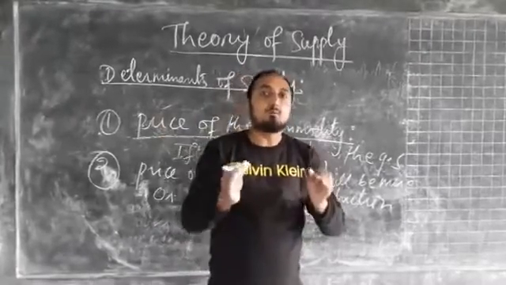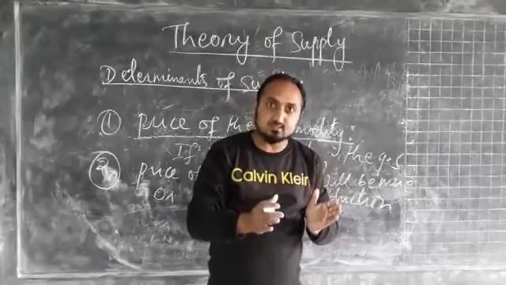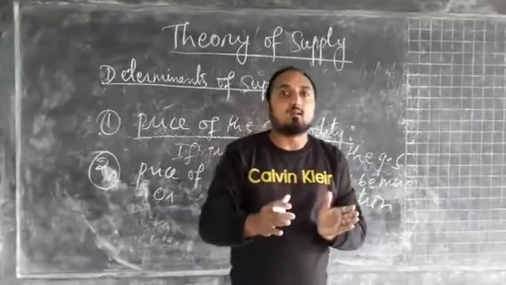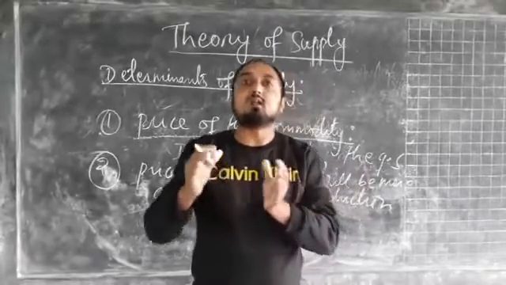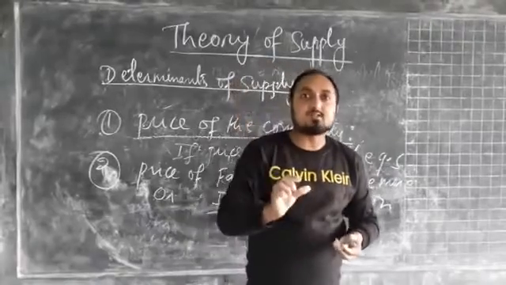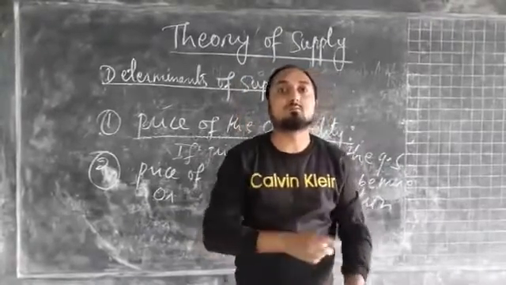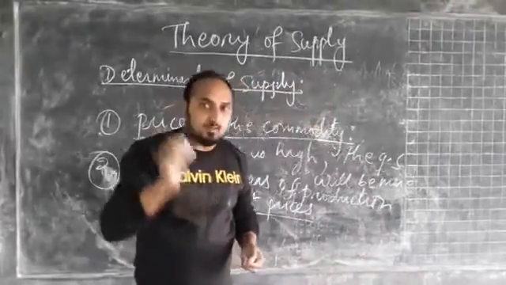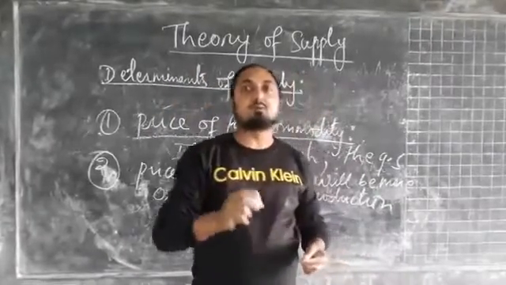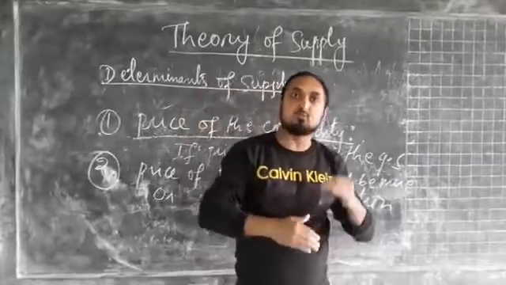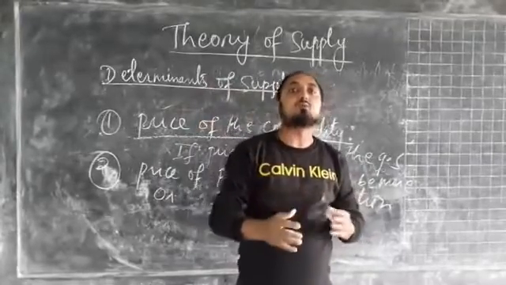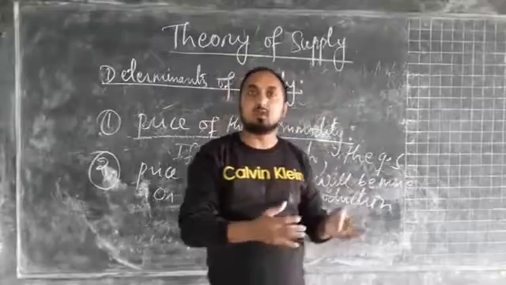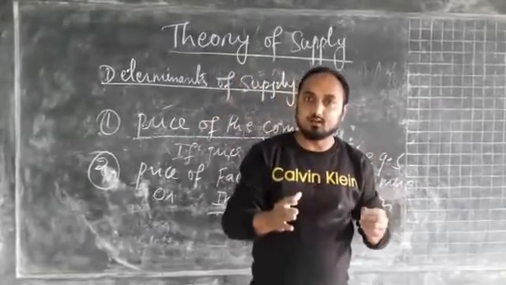And when the profit margin decreases, the supply of the commodity will decrease, because a decrease in profit discourages the producers from supplying more. So in that case, if the price of raw materials or any input price increases, the cost of production will go up, and that will discourage the producers from producing more and supplying more in the market.